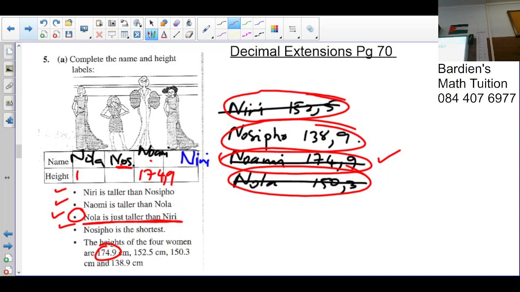So it's Nola. Is that correct? 152,5. And the second shortest is 150,3, and the shortest is 138,9. So that Naomi is correct.